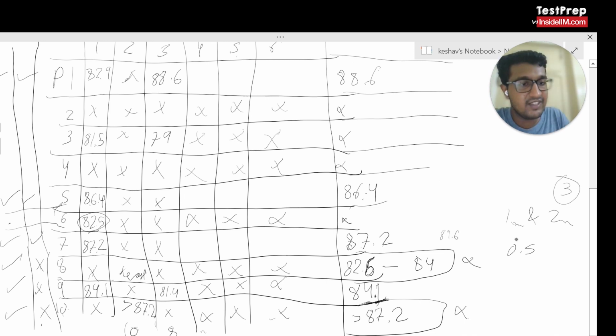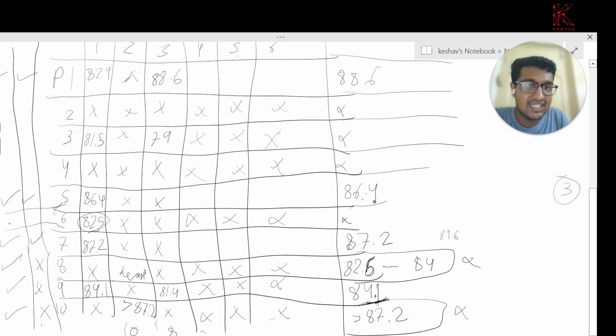Okay, 0.5 doesn't help me. 0.6 again won't help me because where would I increase it? Simply put, if I increase 0.6 in this only, that would give me 87.6, and if I increase this by 0.6, 87.8, again it doesn't help.